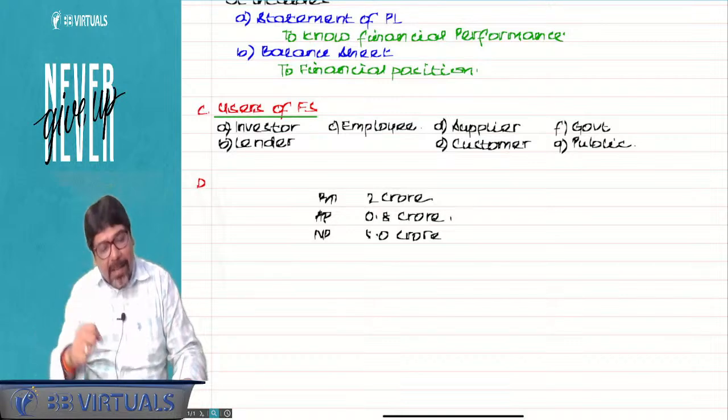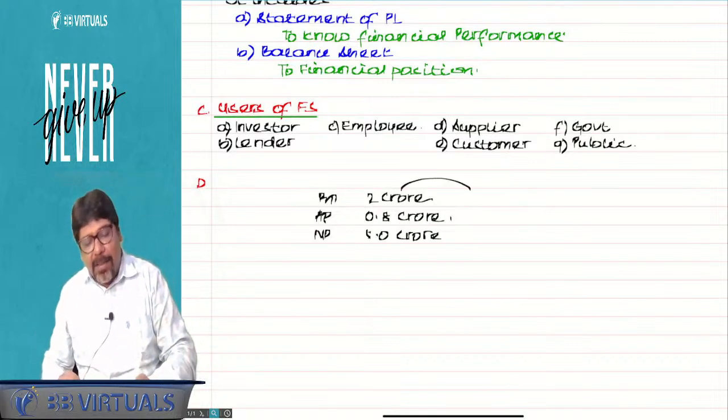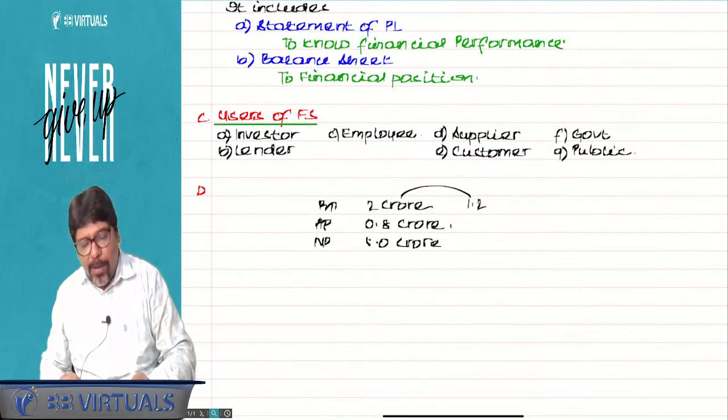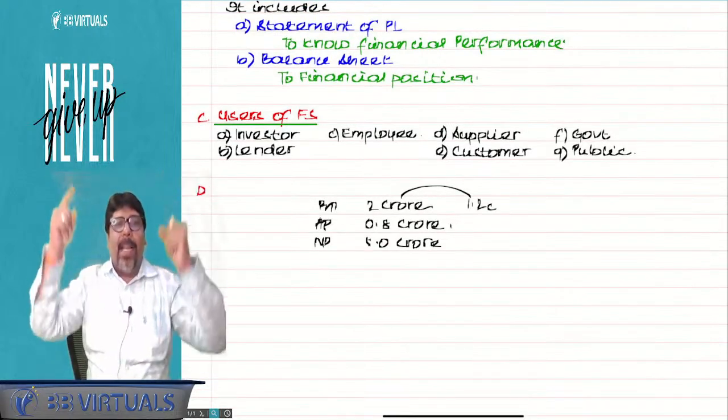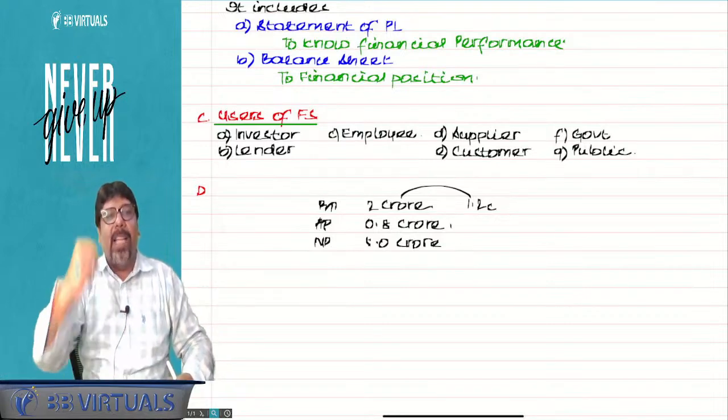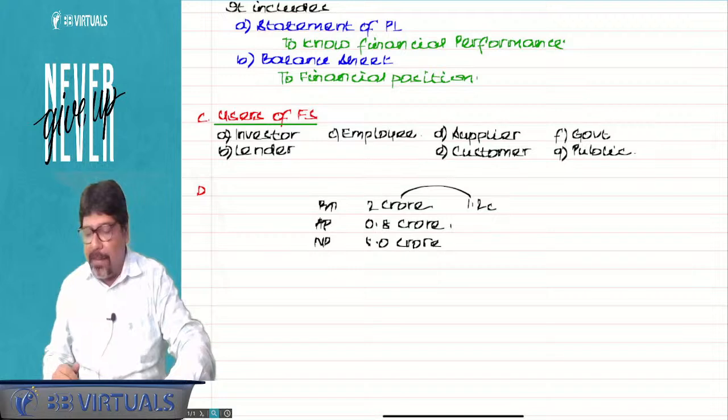Yes or no? Yes, sir. Now, if I tell you last year Berger Paints made a profit of 1.2 crores, then you will say, wow, last year they made 1.2 crores, this year they have made 2 crores. That means they have improved. Yes or no? Yes, sir.